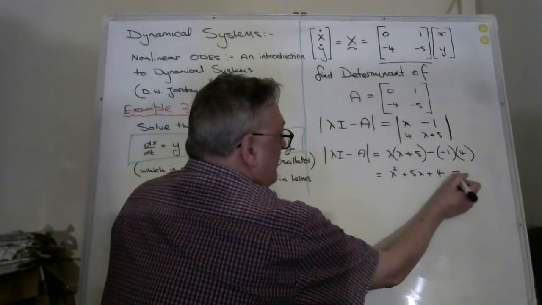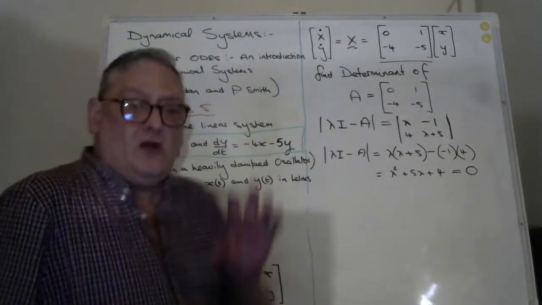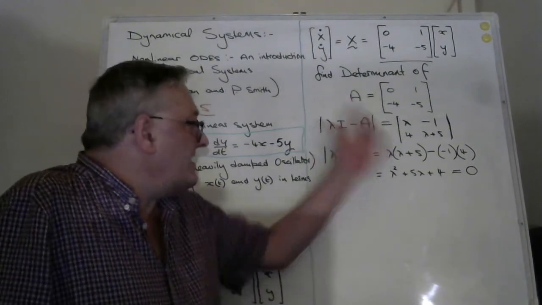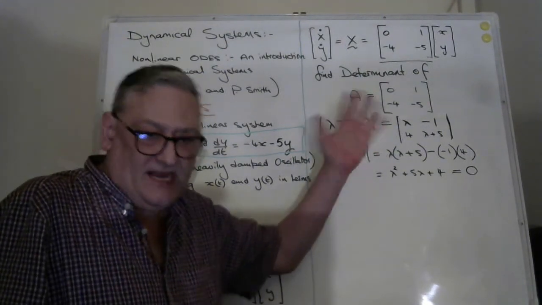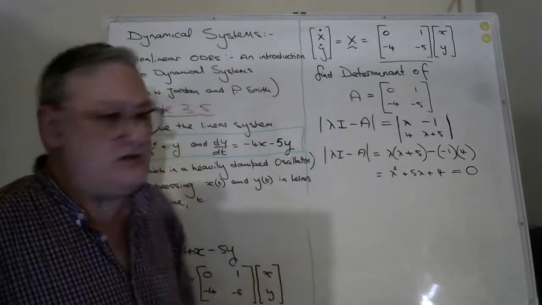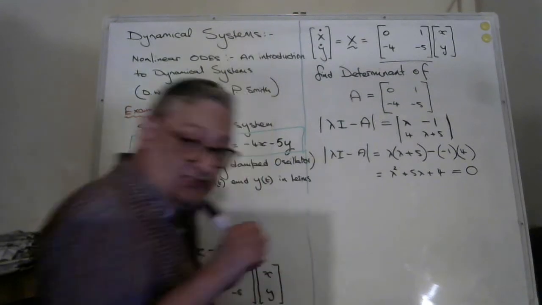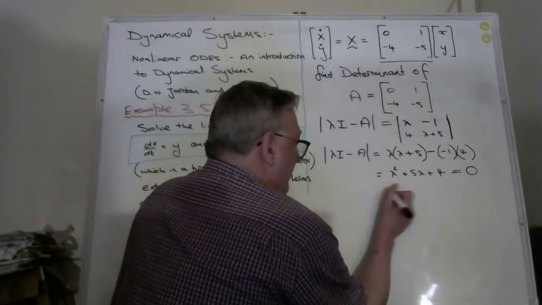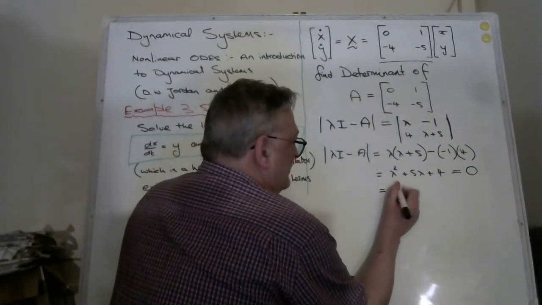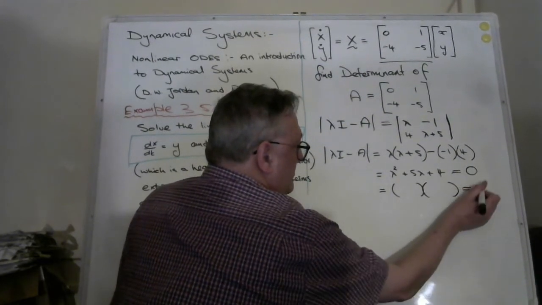And a determinant always has to be equal to 0. Your determinant in these particular cases, in this theory, always has to be equal to 0 for this to work. So always remember that.